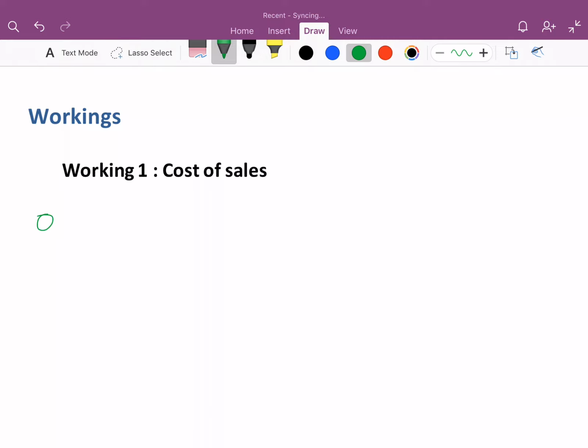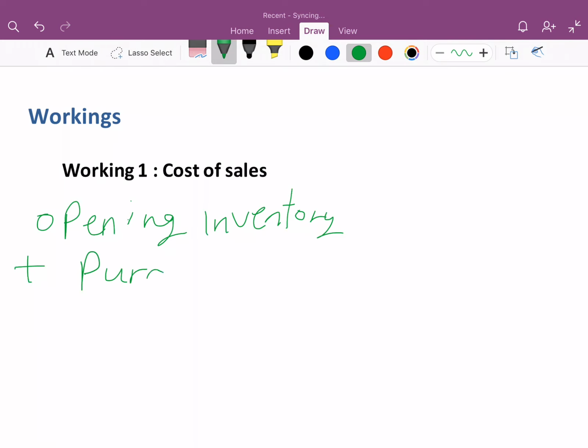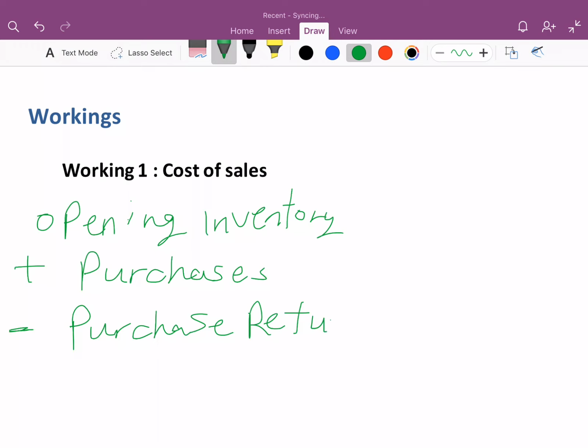So you will write the opening inventory plus purchases minus purchases returns minus closing inventory.